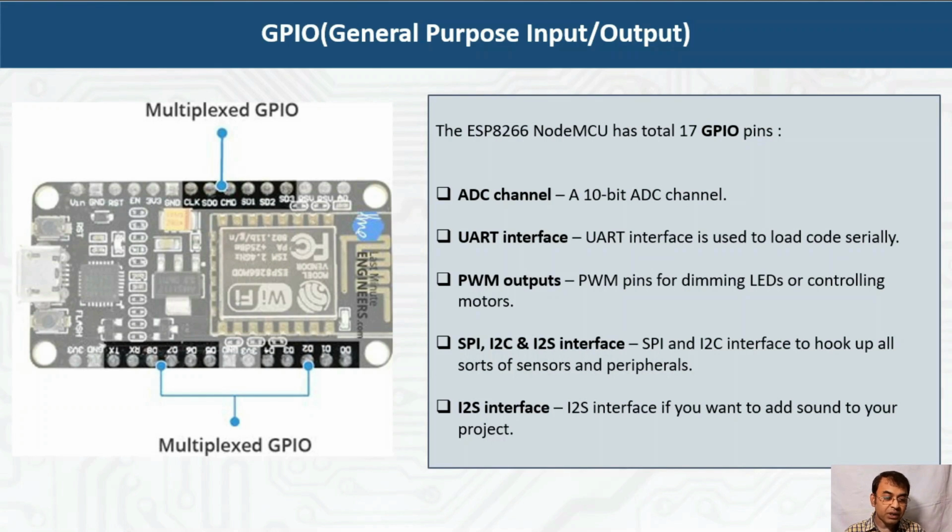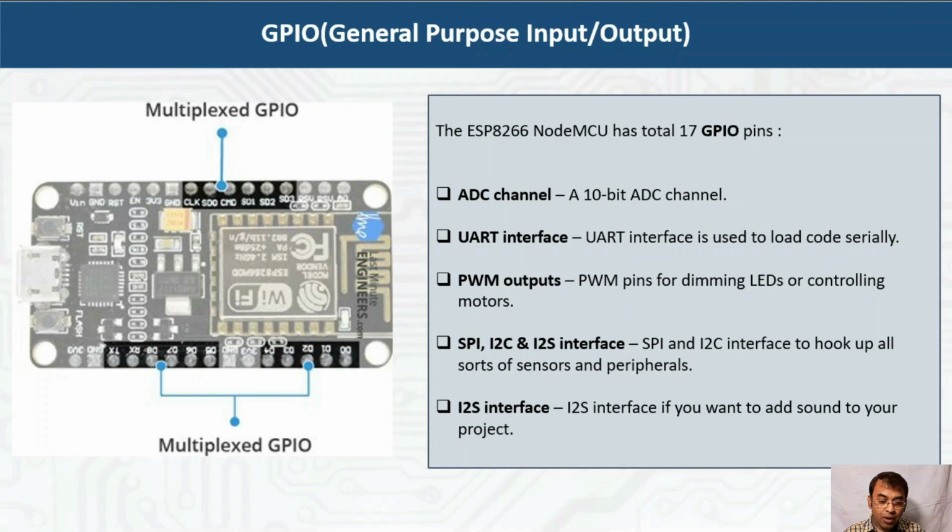The UART interface is used to load programs serially. PWM pin is pulse width modulation output. PWM pins are for dimming LEDs or controlling motors, because it gives variable analog voltage.